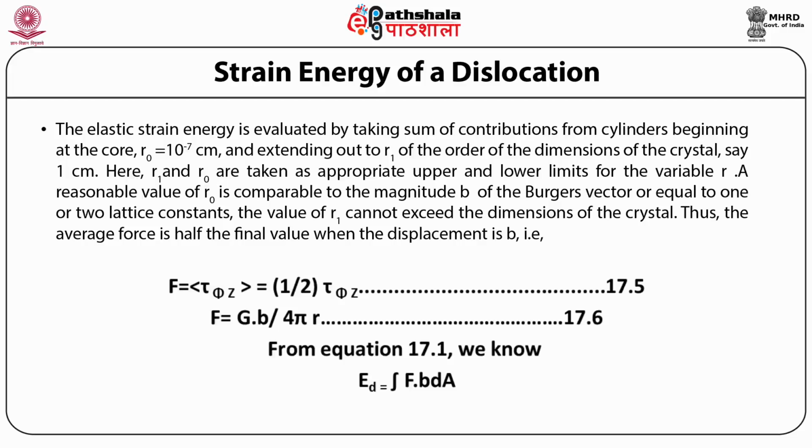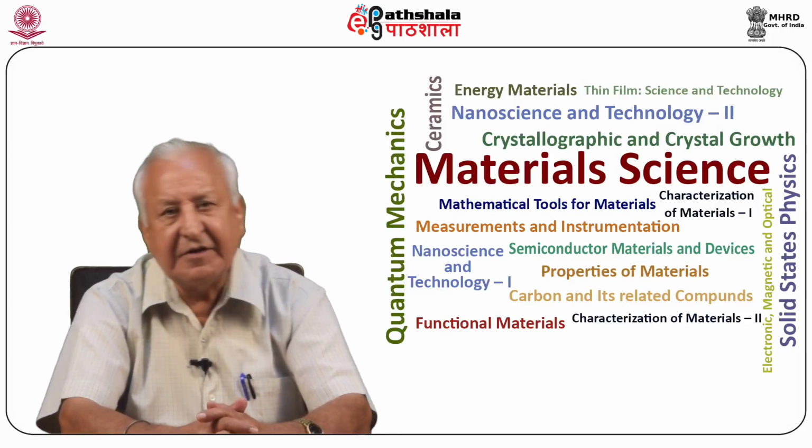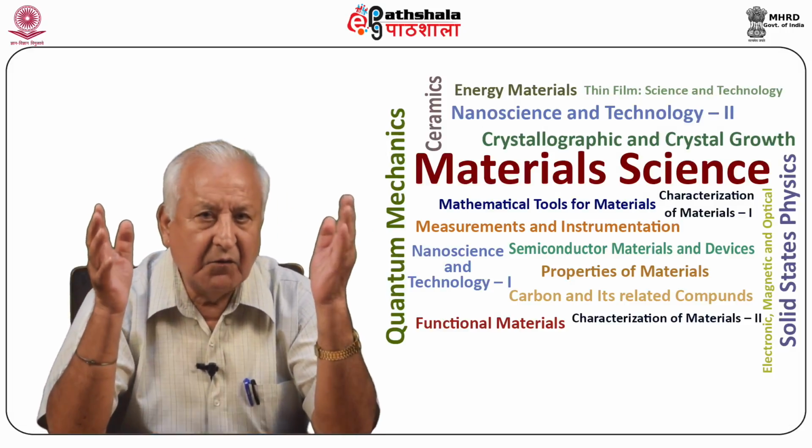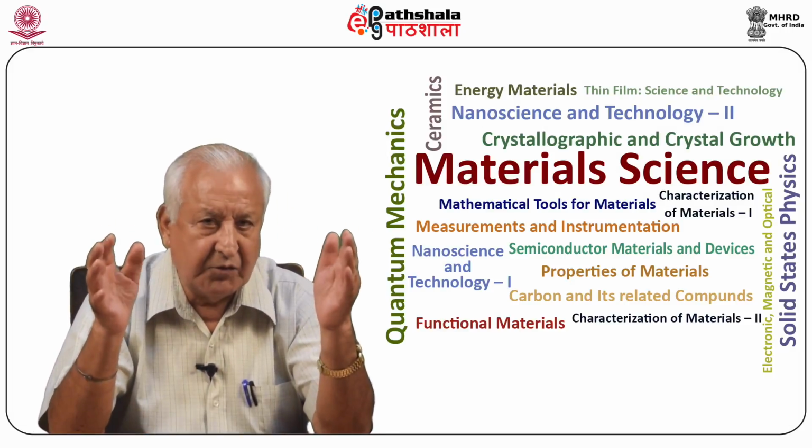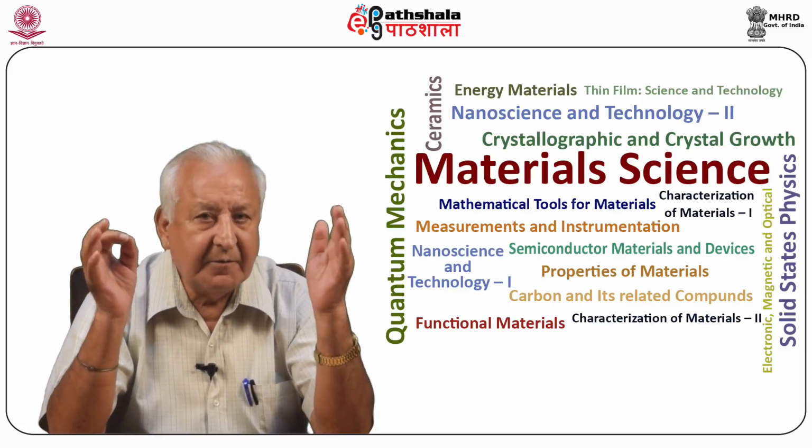Capital F equal to G b upon 4 pi r, which is given as equation 17.6. From equation 17.1, we know E subscript d is equal to integral of f b dA.